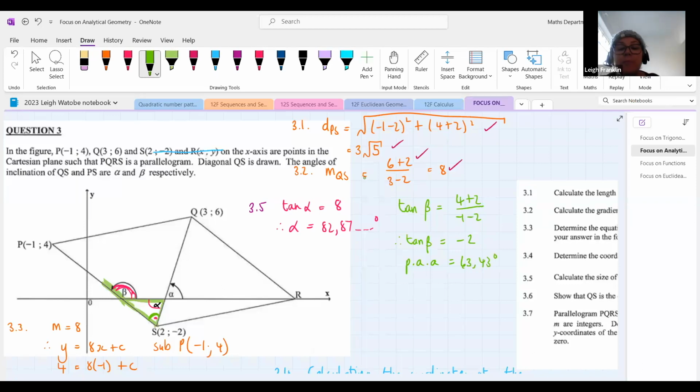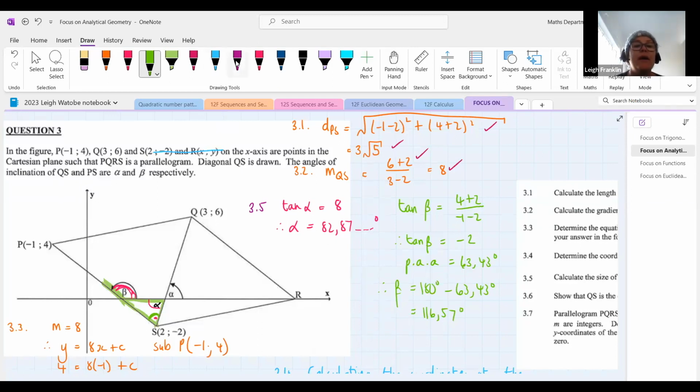That gives me 63,43, and that means that beta is going to be 180 minus that 63,43. So beta is 116,57.